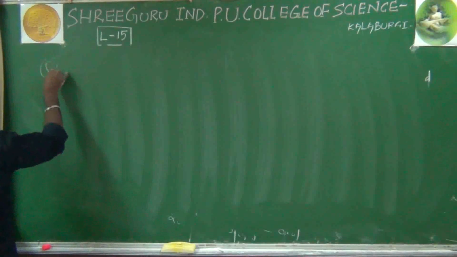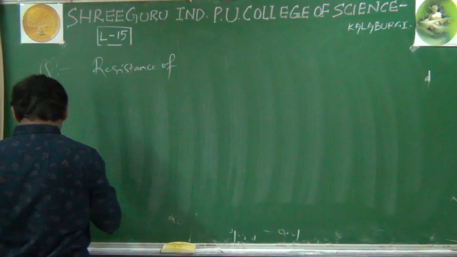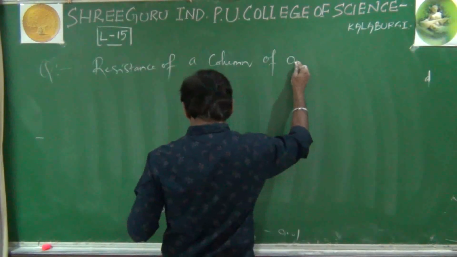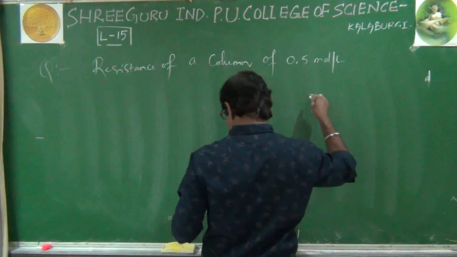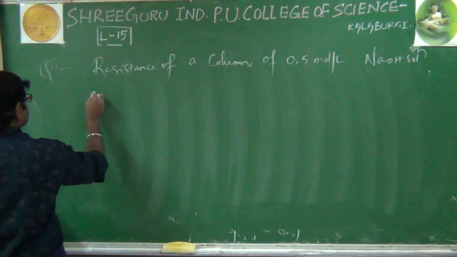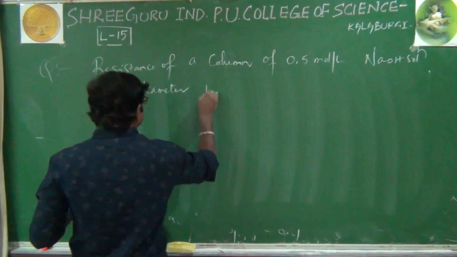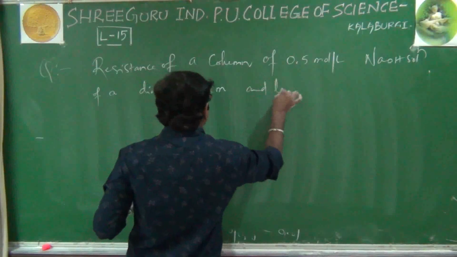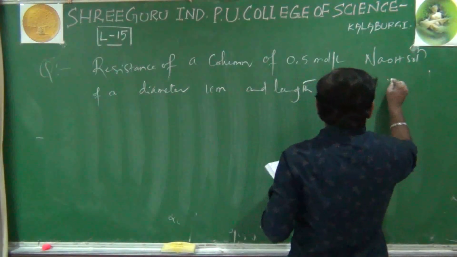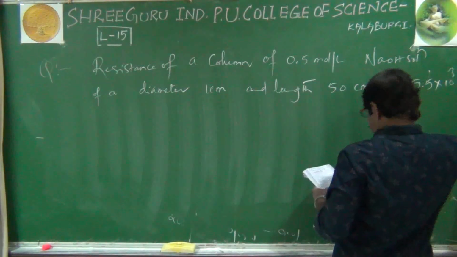Next question is: the resistance of a column of 0.5 mole per liter NaOH solution of a diameter 1 centimeter and length 50 centimeters is 5.5 into 10 cube ohms.